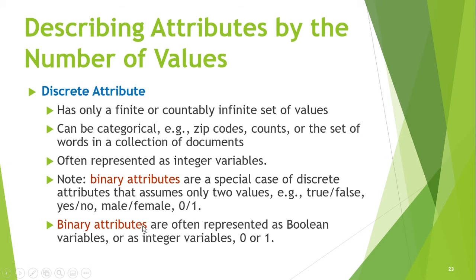Now, binary attributes are often represented as Boolean variables or as integer variables, 0 or 1. Basta pag may binary, dalawa lang. Okay po? Two values lang. This is under the discrete attribute kasi countable siya. Dalawa. So, that's countable.